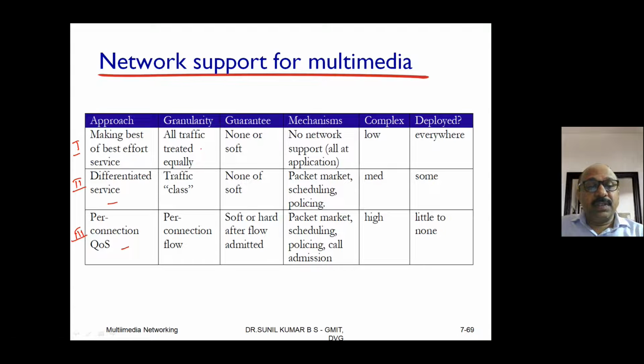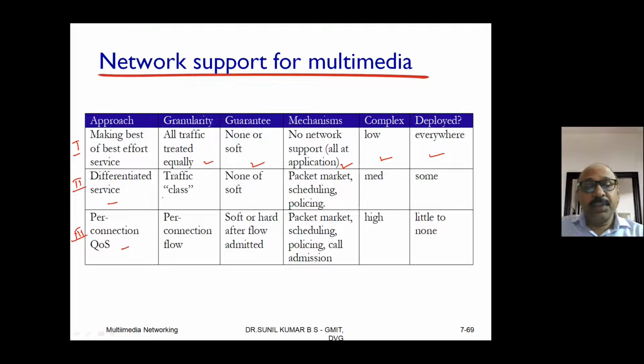However, the best effort service is already discussed. All traffic is treated equally, and there is no such guarantee of service, and hence it is a soft one. In the mechanism, no network support is expected, and the complexity is minimal and deployed on every network.